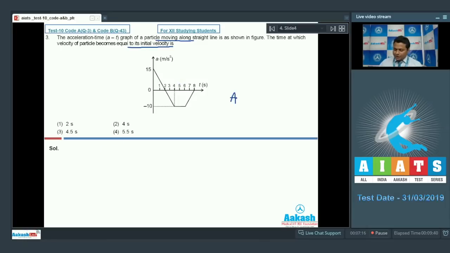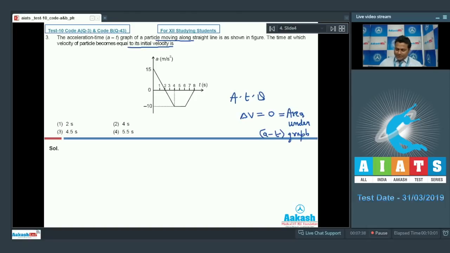Therefore, according to the question, the change in velocity will be what? 0. And this change in velocity we can calculate by what? The area under the acceleration-time graph.